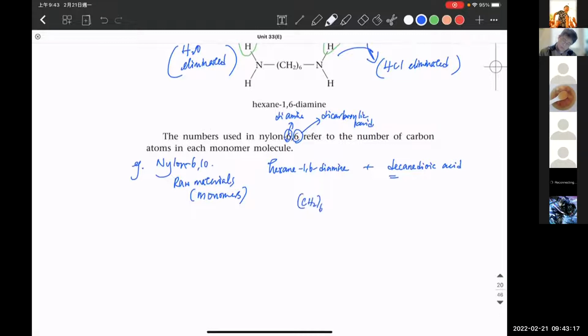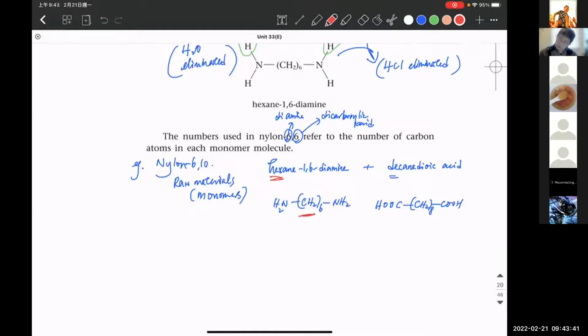So be aware of what you are drawing. You will want to talk about hexane 1,6-diamine and decanedioic acid. Now, why do I say so? It's because of the counting of carbon atoms. For hexane 1,6-diamine, hex, here 6 carbon are all counted in the CH2 units.